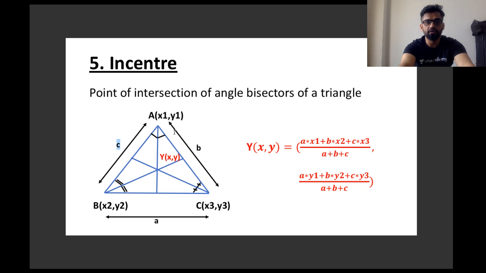Likewise, the ordinate of incenter can be given as a into y1 plus b into y2 plus c into y3, divided by the sum of sides, which is a plus b plus c.